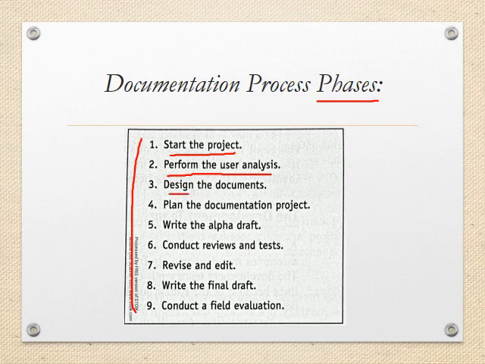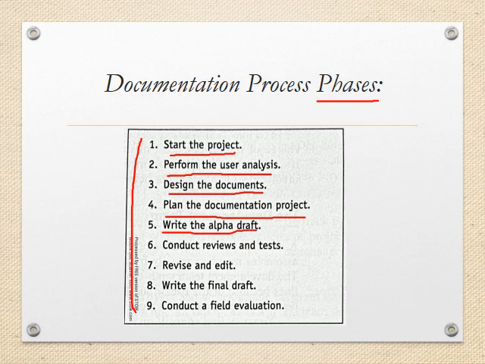Second thing, design the documents, and we have to choose a task-oriented design based on their needs. Plan the documentation project, and here we plan to design and plan to manage the project. Write the first draft, which is the alpha draft.